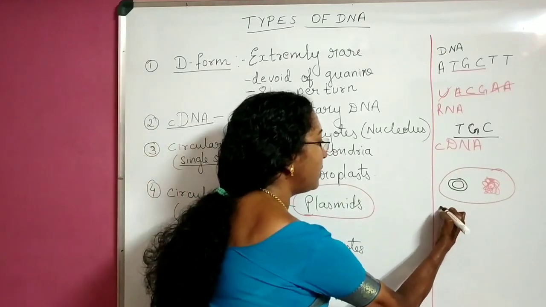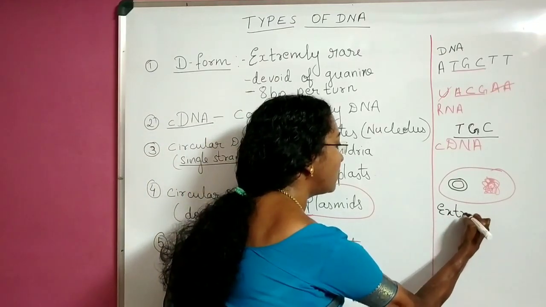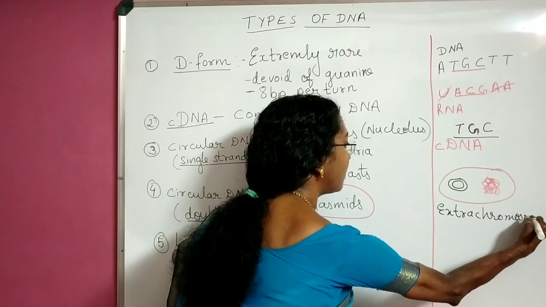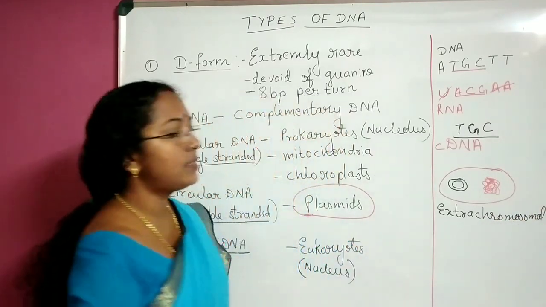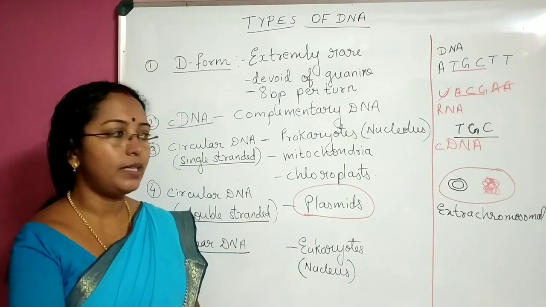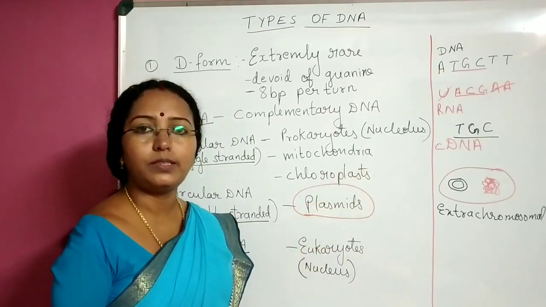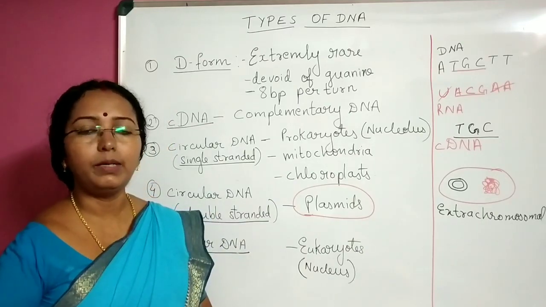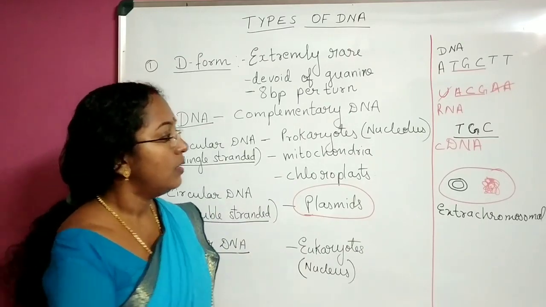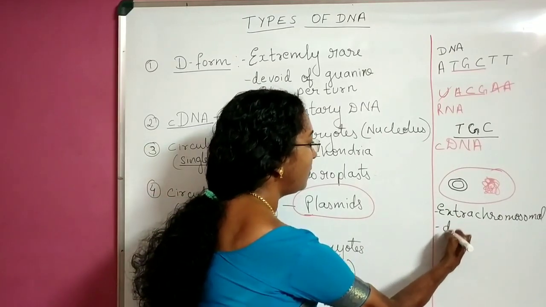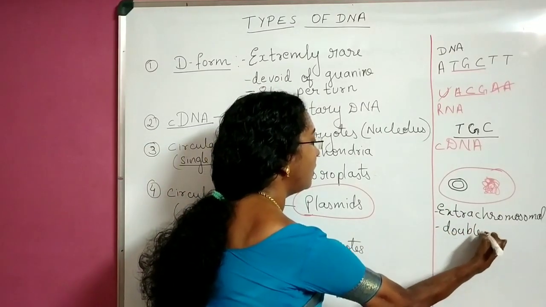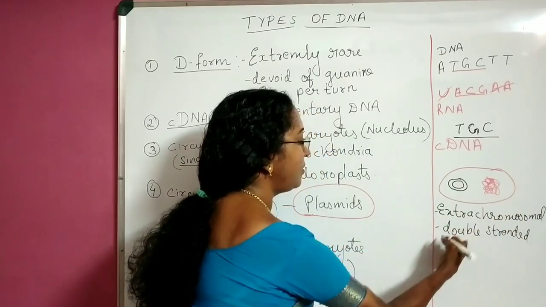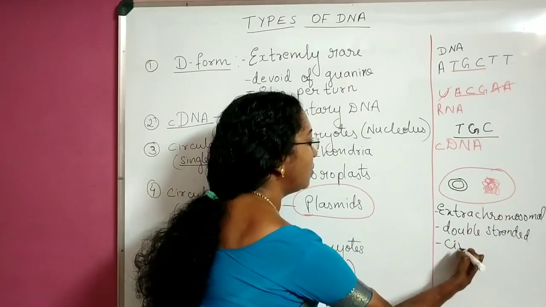So you call it extra chromosomal, because it is found outside the usual nucleolus region. It is not found along with that. It is found elsewhere, but inside the cell. So extra chromosomal, double-stranded, and circular.